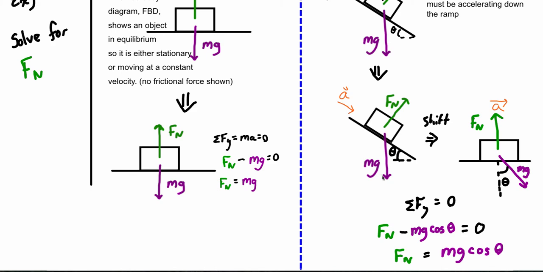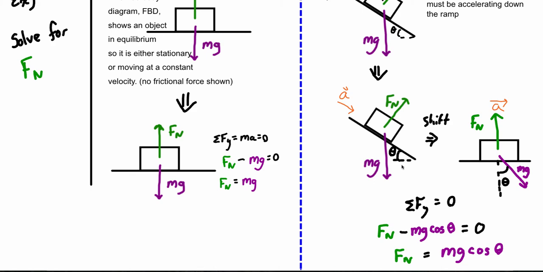And we have our weight pulling it down. And our normal force, again, is perpendicular to the surface, so it's at this angle. Now, here's the trick that we did in a couple of our problems that makes problems a lot easier to solve. Since we have our acceleration at an angle going down the ramp, and we have our normal force at an angle, if we shift this, we can make this force and this acceleration parallel to the surface.